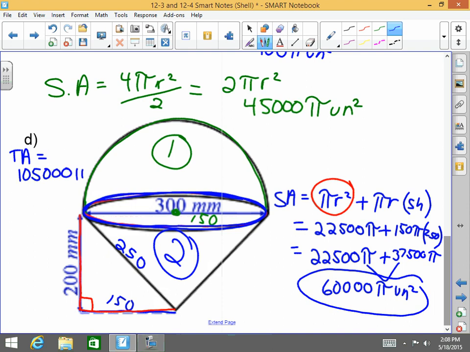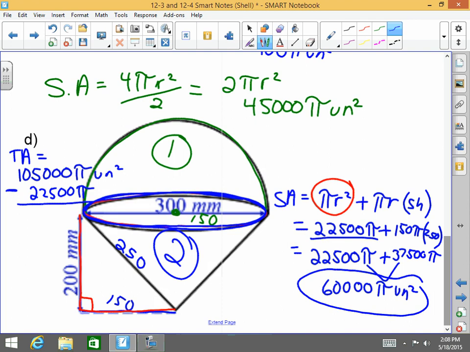So my total area is really 105,000 pi units squared minus the base that is shared by both the hemisphere and the cone. So minus 22,500 pi. Right here, buddy. Okay?